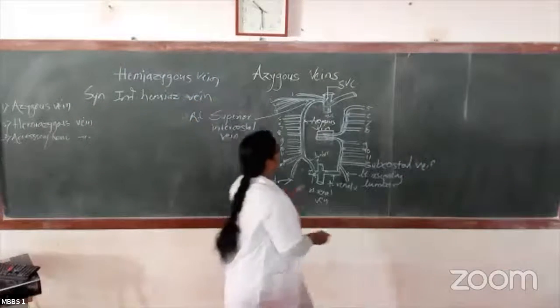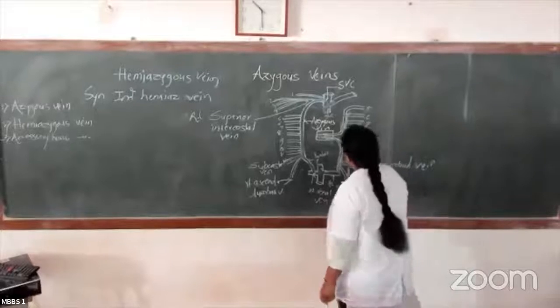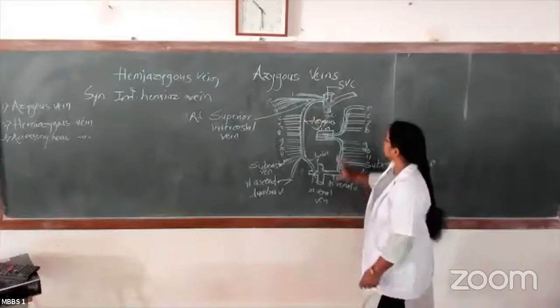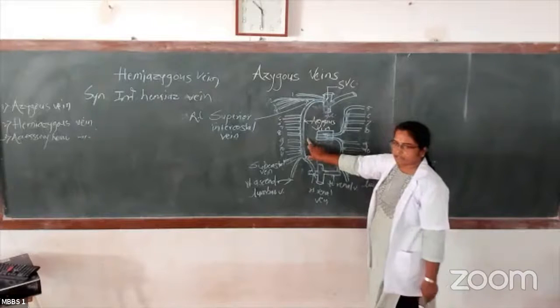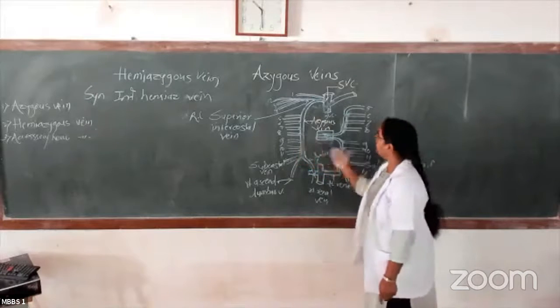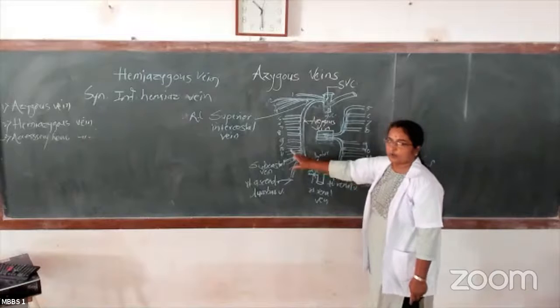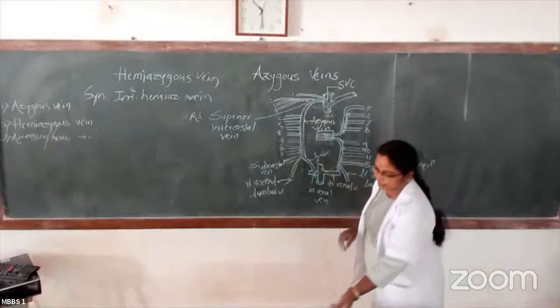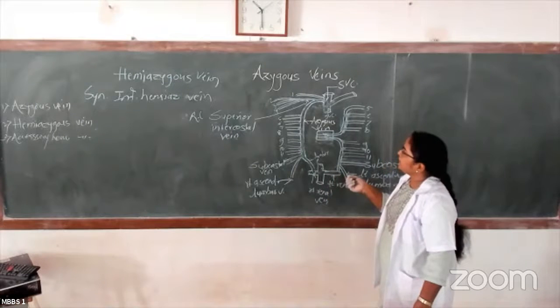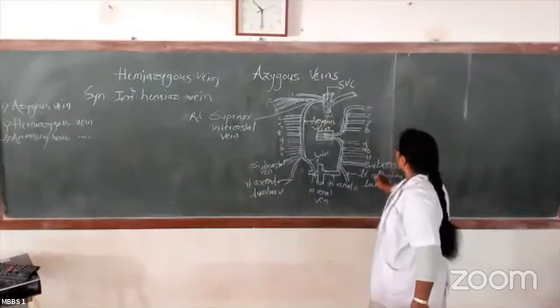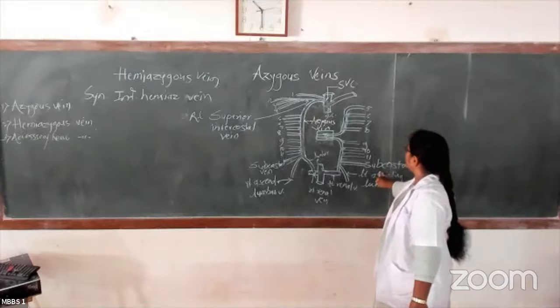This hemiesophagus vein corresponds to the lower part of azygous vein. That is, it is the mirror image of this lower part of azygous vein. So that is why its synonym is inferior hemiazygous vein. Now we see the formation of it.